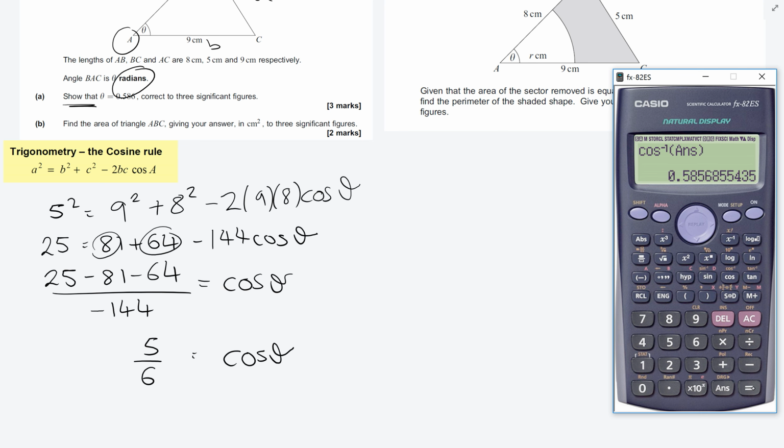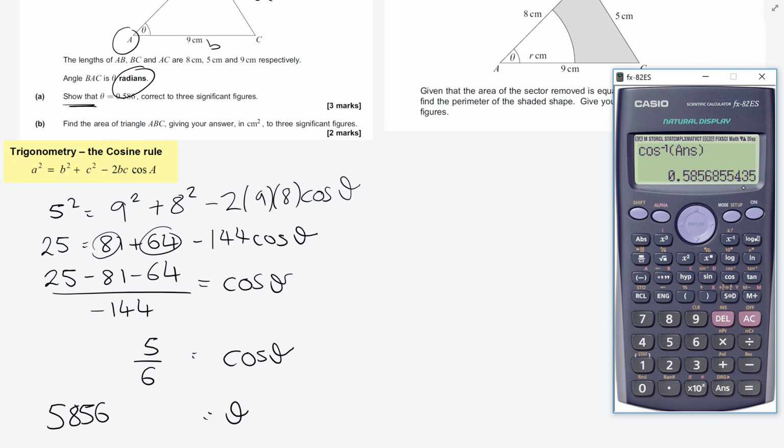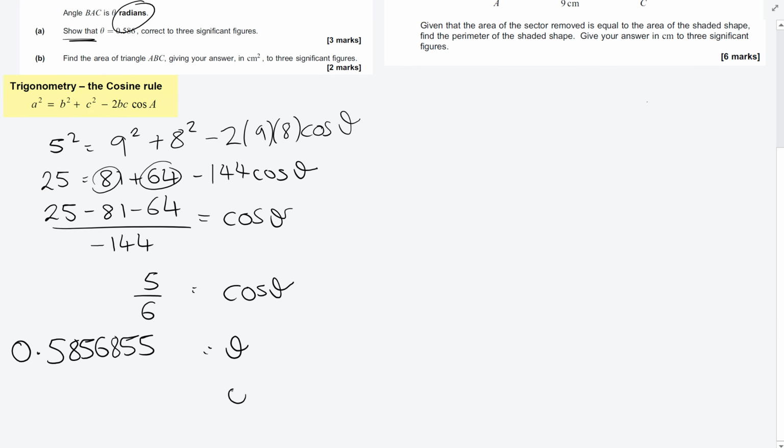An interesting point in the mark scheme is that they wanted you to write out this number, or a bit more of this number, to show that it rounds to 3SF. So to be absolutely certain that you get all your marks, you want to write down theta equals 0.5855, and then say that rounded to 3SF is 0.586.